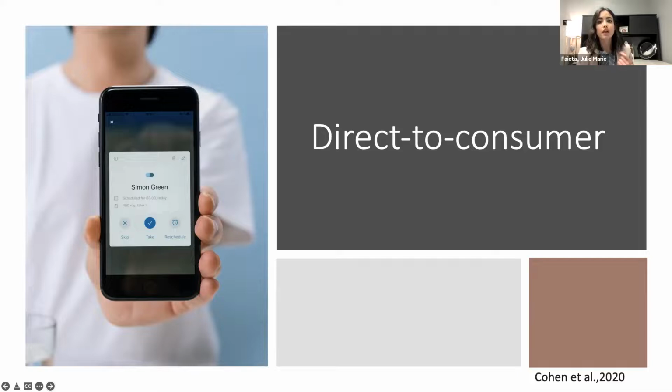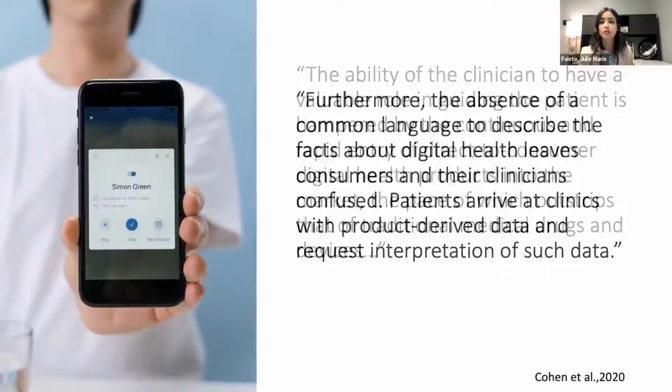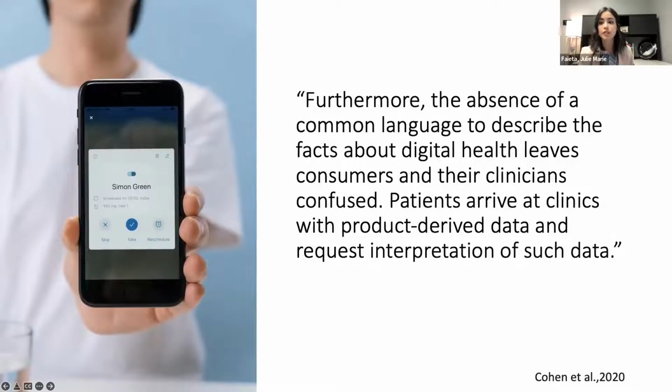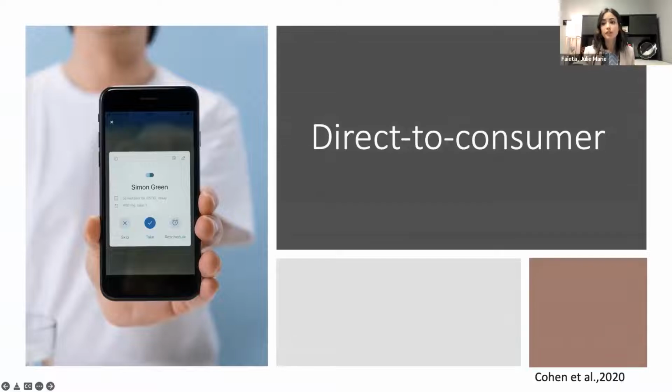Cohen et al. 2020 also writes that, quote, the ability of the clinician to have a valuable role in guiding the patient is hampered by the continuous and rapid entry of direct-to-consumer digital products into the market, the pace of which outstrips that of traditional medical drugs and devices. Furthermore, the absence of a common language to describe facts about digital health leaves consumers and their clinicians confused. Patients arrive at clinics with product-derived data and request interpretation of such data. So if you're a clinician, this is something that you might have experienced.